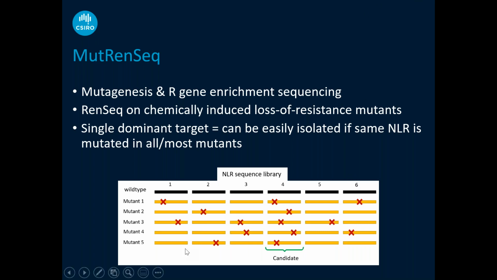So for example, if you have a library of NLRs, there's going to be mutations scattered across all of them, across your various mutants. But ideally, you'd want to find an NLR where you have an independent, unique mutation in each mutant coinciding at that particular NLR, and then that gives you a pretty good candidate that you can go on and validate.